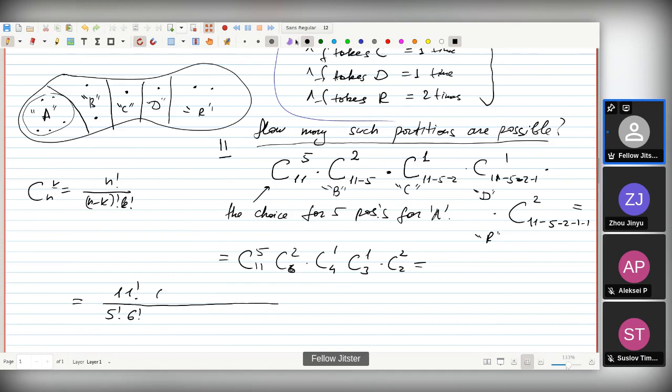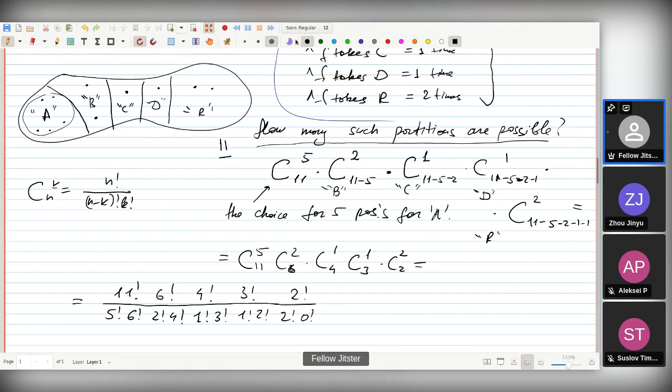And here we would obtain 6 factorial, 2 factorial, 4 factorial. Here, 4 factorial, 1 factorial, 3 factorial. Here, 3 factorial, 1 factorial, 2 factorial. And the last factor? 2 factorial, 2 factorial, 0 factorial. Do you agree?